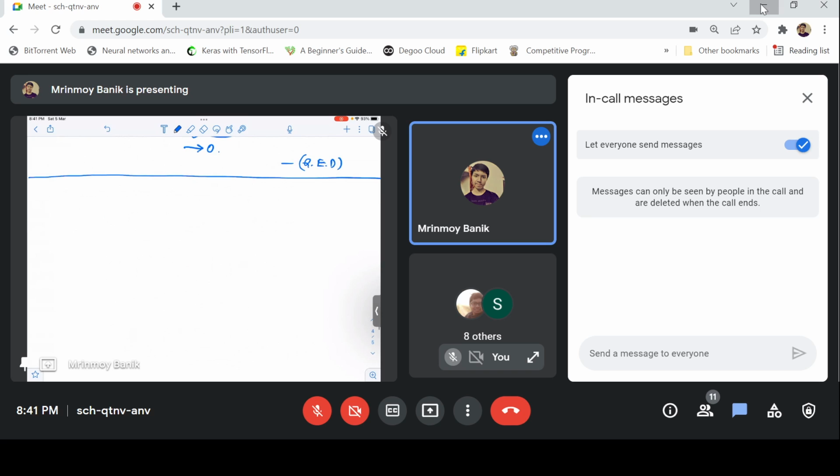If you expand this, it's log of n factorial. So it's n power n plus half by n plus 1 power n plus 3 by 2.